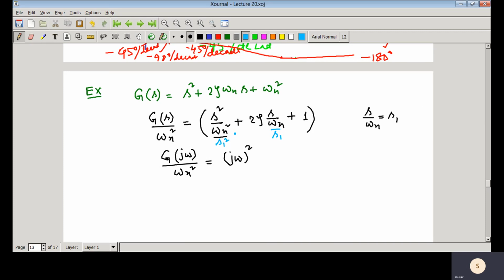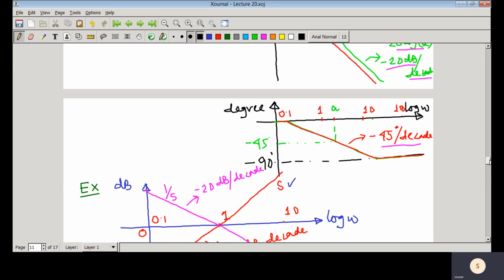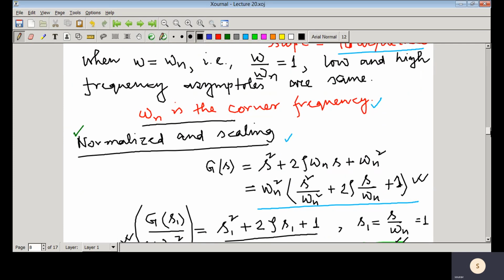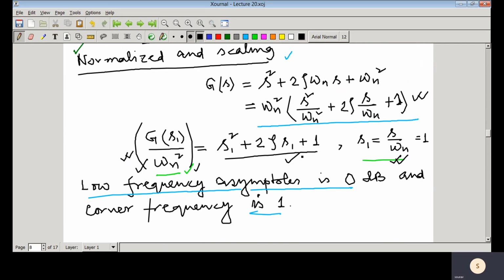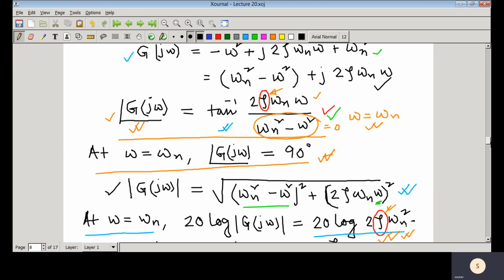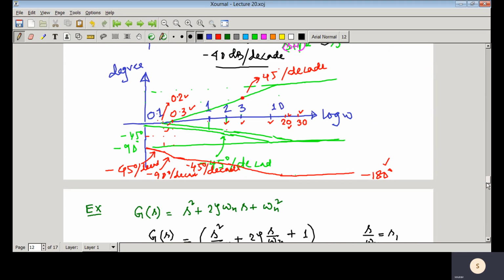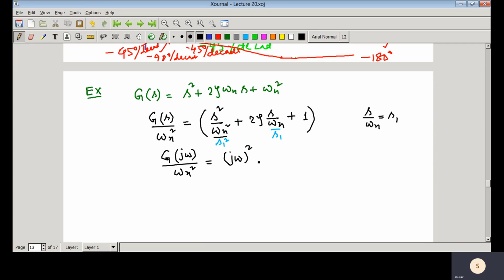So in place of s1 I am just replacing j omega. Twice zeta j omega plus 1.